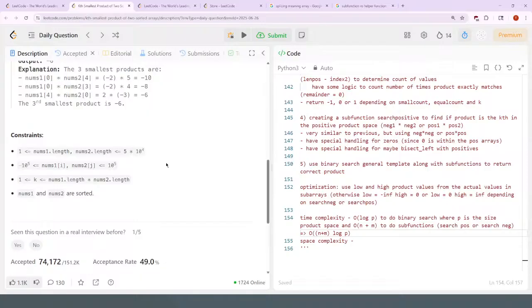Okay, so say if values in array 1 and array 2 have size of v, then p is equal to v squared.